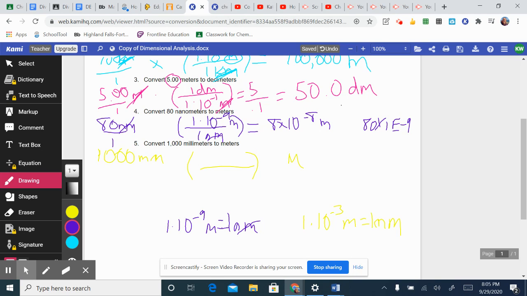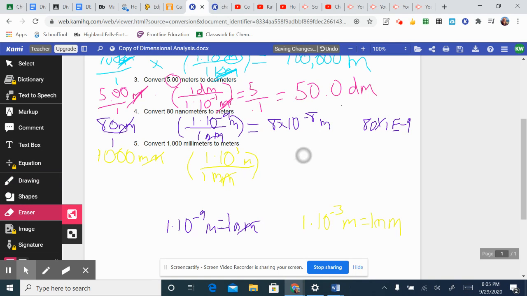For the last one, you want to have millimeters cancel, so you're going to put your 1 millimeter on bottom. And so now your millimeters cancel, and on top, 1 times 10 to the 3rd meters.